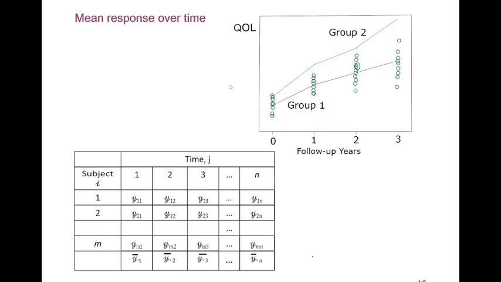Going back to the data, we can calculate the sample mean Y bar for each time point. Then you can inspect this mean response over time. This mean response over time is often also called the population average response, because we use the sample mean to estimate the population average.